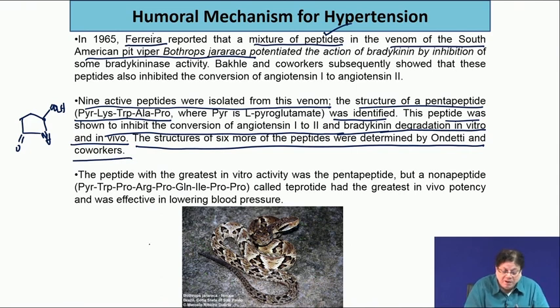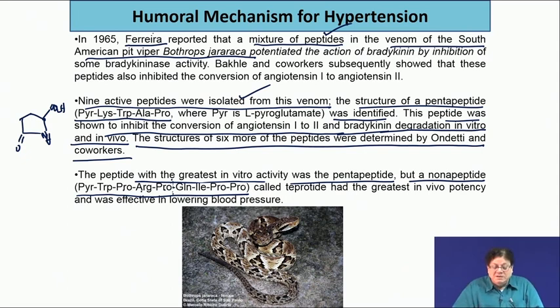Apart from these 5, the structures of 6 more peptides were determined by other persons, Ondetti and co-workers. Now, the peptide with the greatest in vitro activity was the pentapeptide, as I already mentioned, but they have also isolated a nonapeptide with this type of sequence: pyro-TRPA, proline, arginine, proline. That means up to this point is that pentapeptide, and then there are 4 more amino acids.